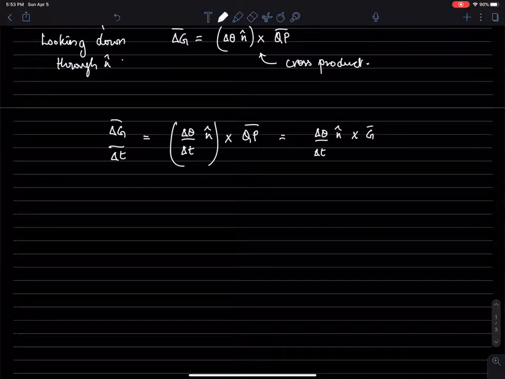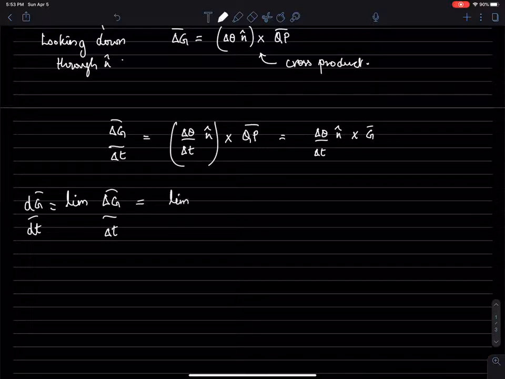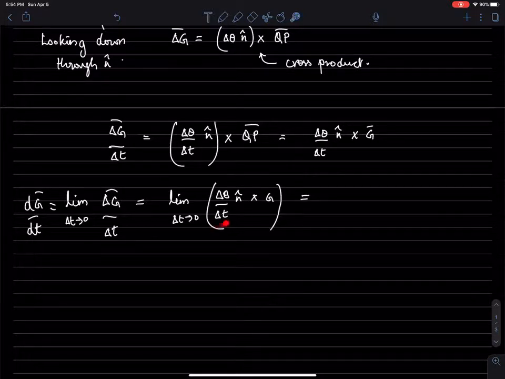And then we take limits on both sides. Limit delta G by delta T, which is dG by dt, equals, well, we take the limit here, of delta theta by delta t, N crossed with G. And of course, this gives us omega.